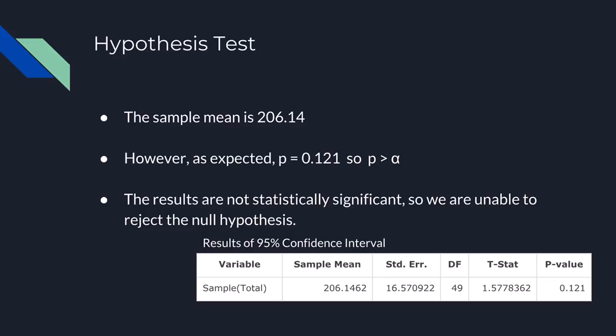So since P is greater than alpha, we have insufficient evidence to reject the null hypothesis. The results are not statistically significant at alpha equal to 0.05. So we are unable to reject the null hypothesis. Note that the T statistic for this hypothesis test, since we had to use T, was 1.578 roughly.